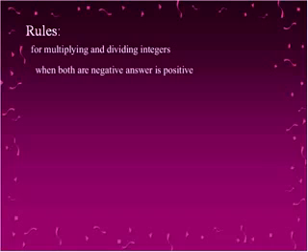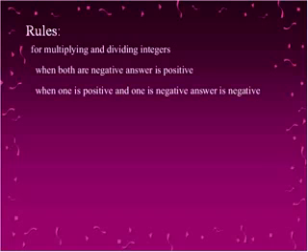When one is positive and one is negative, the answer is negative. And these are always the case. When they're both negative, your answer is always positive. When one's positive and one's negative, your answer is always negative. So these rules apply all the time. And that's it on the foundations.